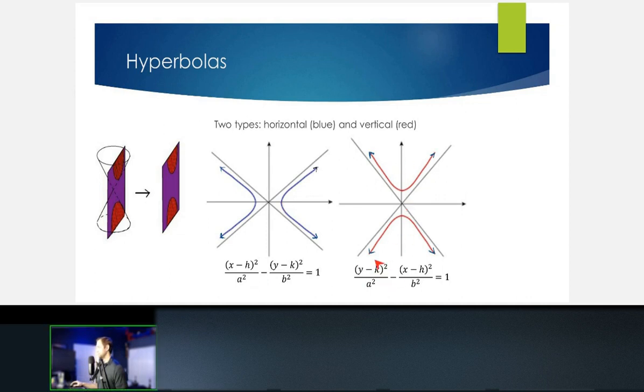From the center, a is the distance to a vertex. But in this case, we're going in the y direction because, well, y is first, so it opens up and down. So from the center, you would travel up whatever number this may be to get to this vertex. And of course, both equations equal 1, just like ellipses.